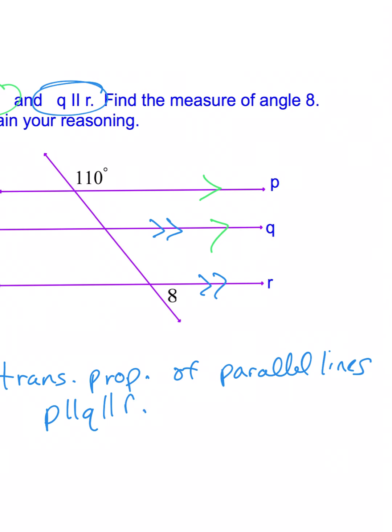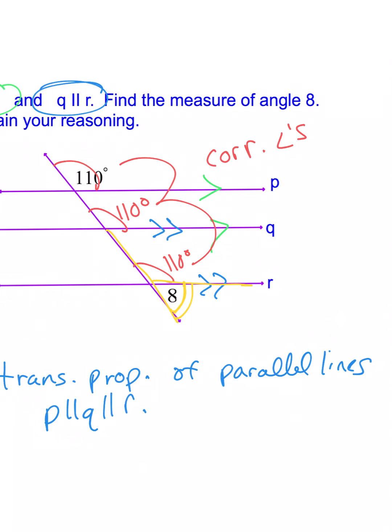So that means that if this angle is 110, wouldn't this one also be 110? Wouldn't this angle right here also be 110? Because they're corresponding angles. Okay? And then from there, if all of those are 110, can't we find angle 8?